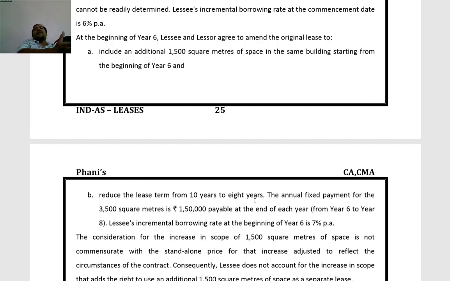If it is there, the liability is as it is. Now the remaining period is 3 years only, so 6 to 8 years only. Up to 8 years only the lease will be valid. Now we have to measure the liability for the next 3 years by considering the original discounting rate only. We are continuing the same lease, only the lease term is reduced. So 5 years completed. For the remaining 3 years, what is the liability you calculate?